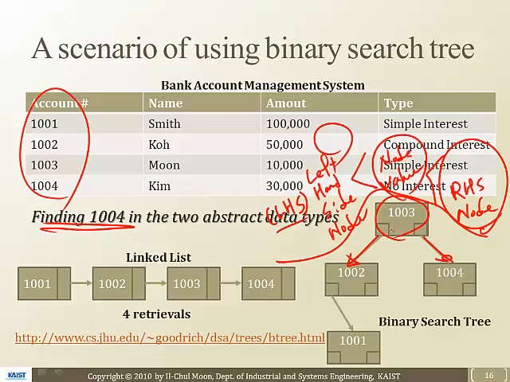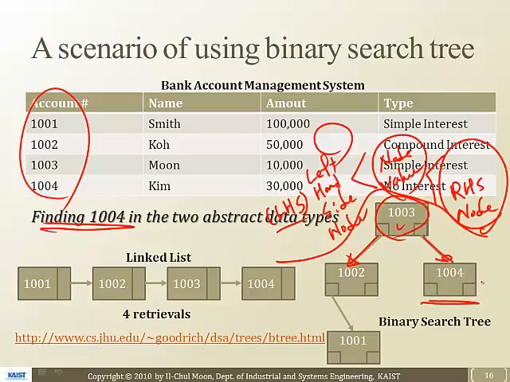And you hit 1003 here. Somehow you hit 1003 here, and then you want to find out where 1004 is. Actually, 1004 is at the right-hand side, because 1004 is bigger than 1003.